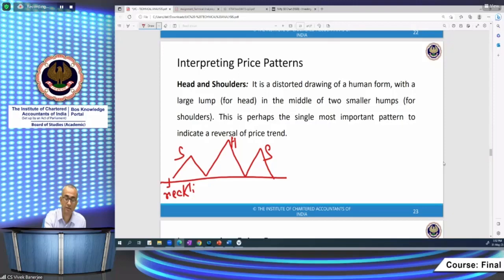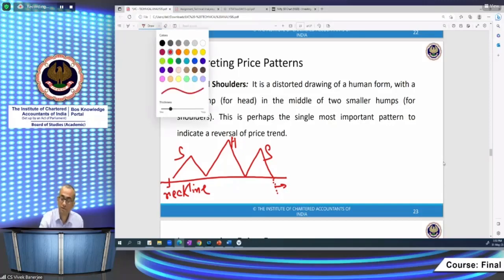Whenever the prices breach this neckline, for example, prices come down from here and breach it, it is giving a sell signal.